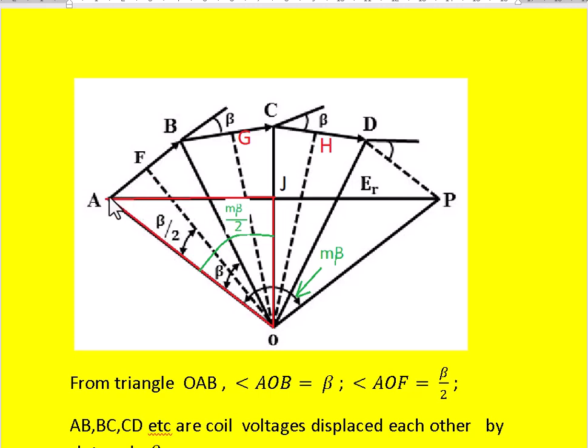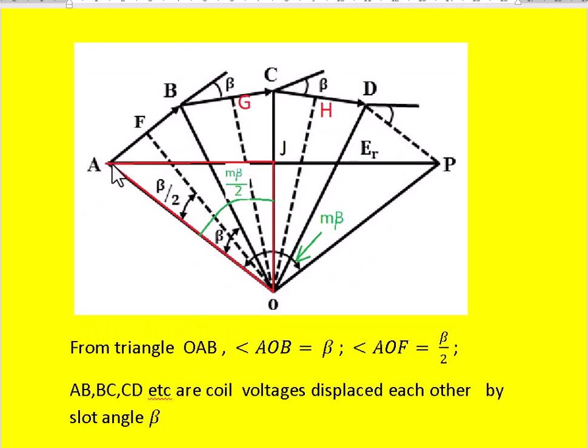Now look at the point F. For the AB coil voltage, the bisector point is F, and extend this line like this. The angle for AB is beta, that is the slot angle, and AOF will make an angle of beta by 2.